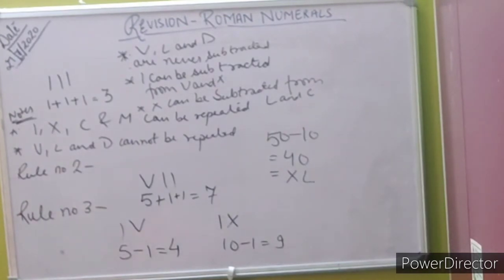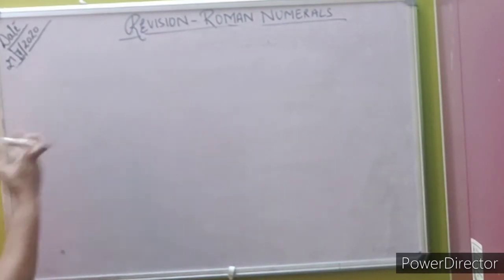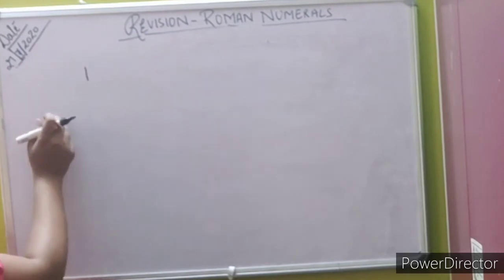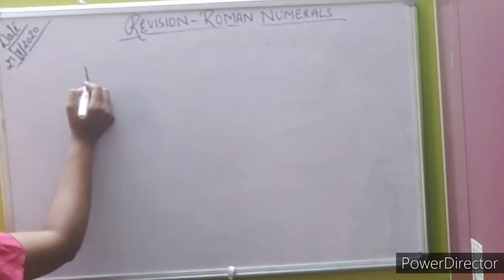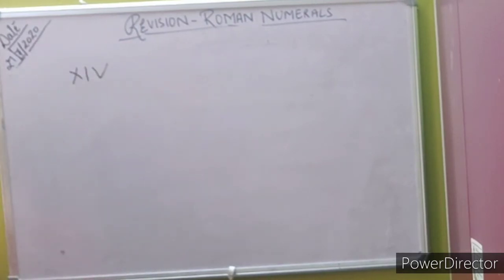Now rule number 4 is, when a smaller numeral is placed between two larger numerals, like I stands for 1, larger than 1, suppose X and V, then it is always subtracted from the larger numeral immediately following it.